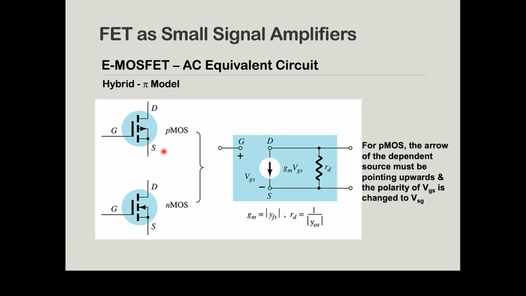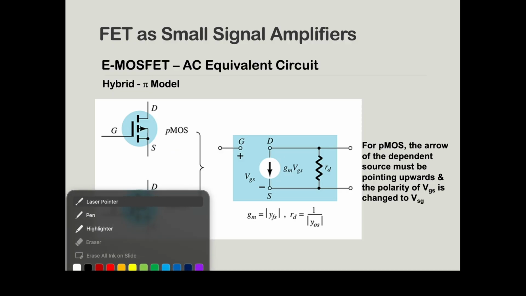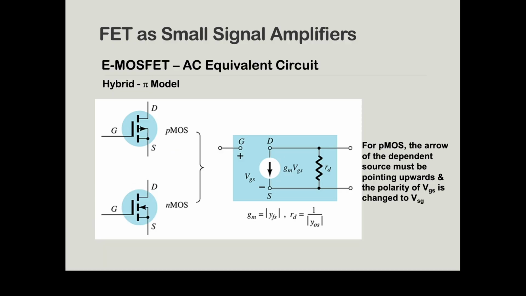Okay, so if we recall what we have learned in BJT, so in BJT, this is the NPN BJT, which has the base, collector and emitter. So in AC analysis, we use the hybrid pi model.